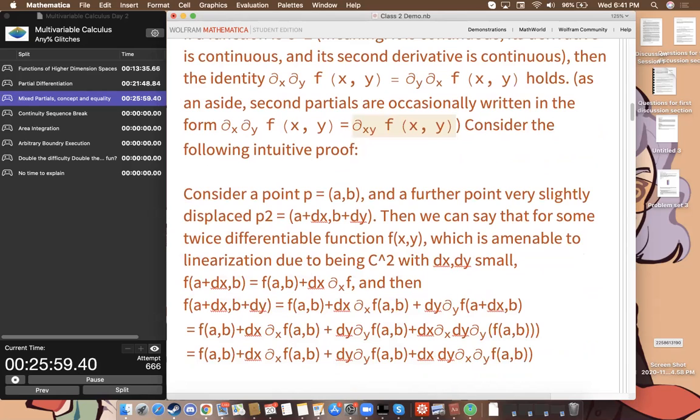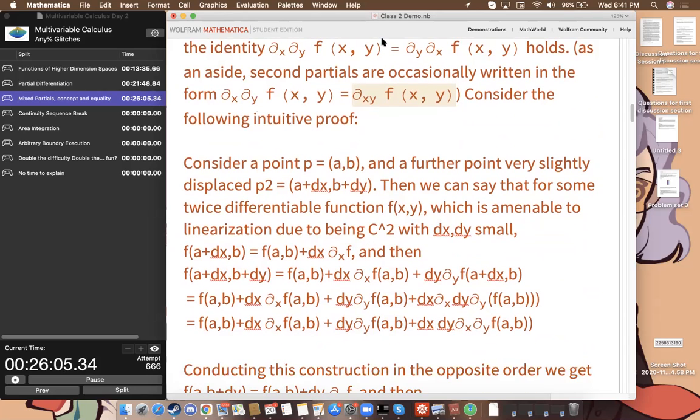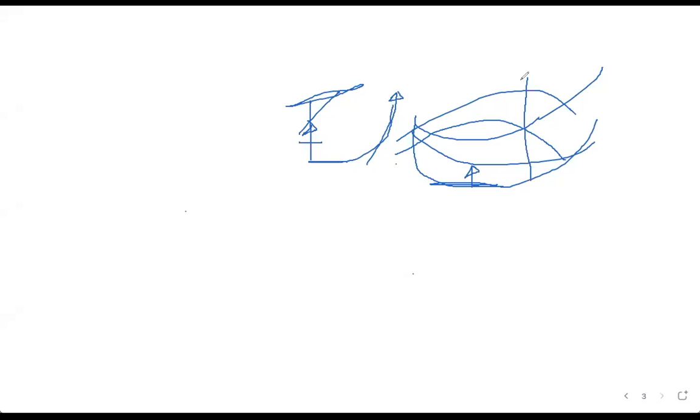And I don't have time to actually prove this. Actually proving this is not easy. But there's an intuitive proof we can do. I've spelled it out here, but without a diagram, it's going to be pretty hard to follow. I apologize, I'm hopping between screens a lot. We can think about this proof by looking at the function across a little square. We make this square small enough that we can linearize our function.